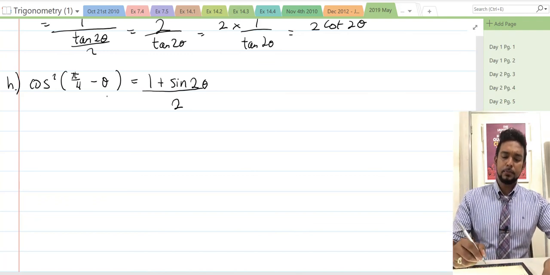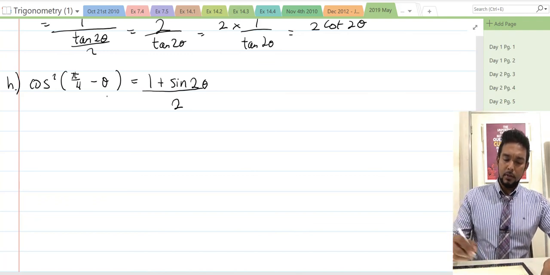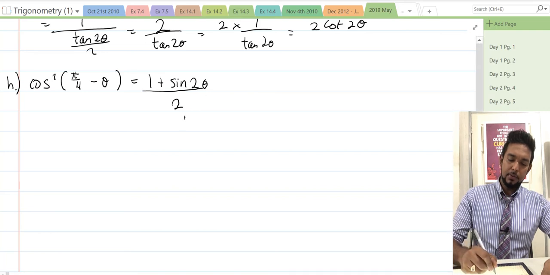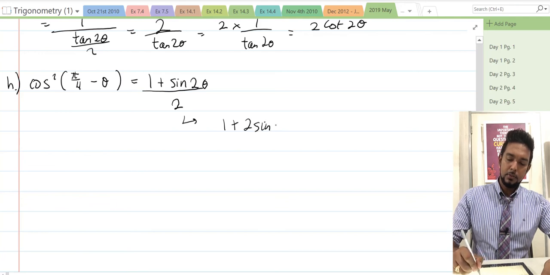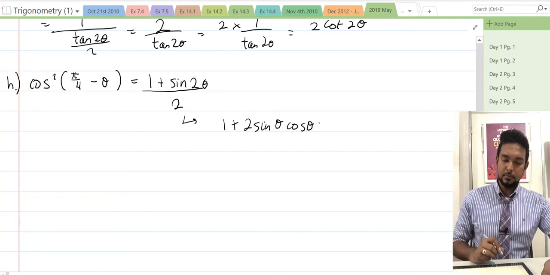This side now, let's say we play with this side, right? So that's 1 plus 2 sine theta cos theta, and that's all over 2.